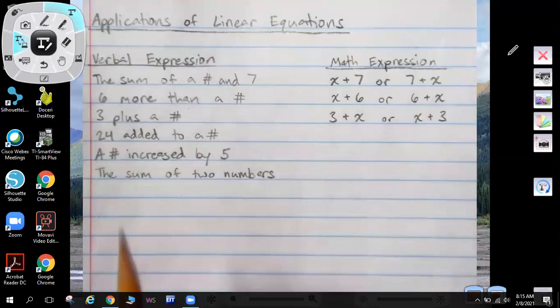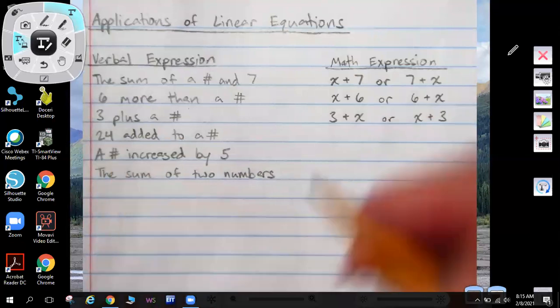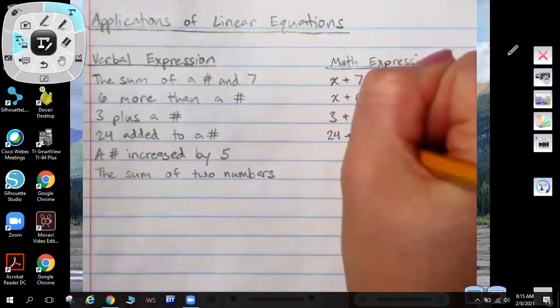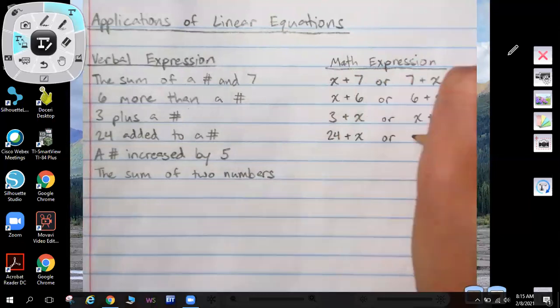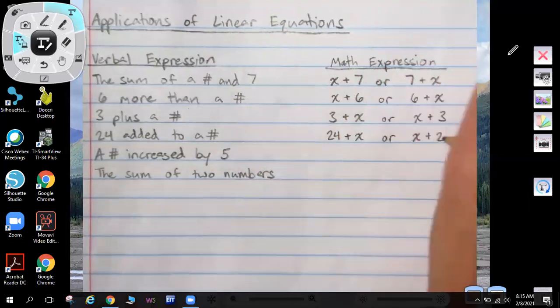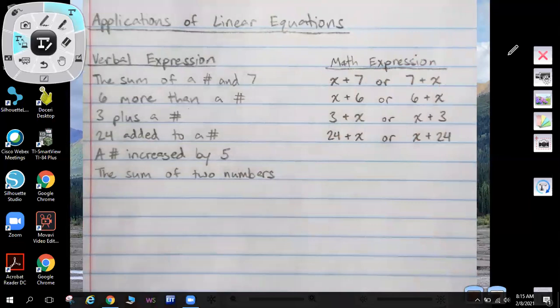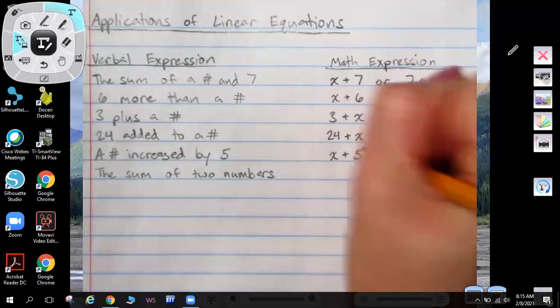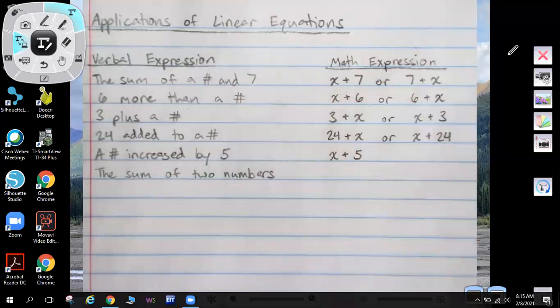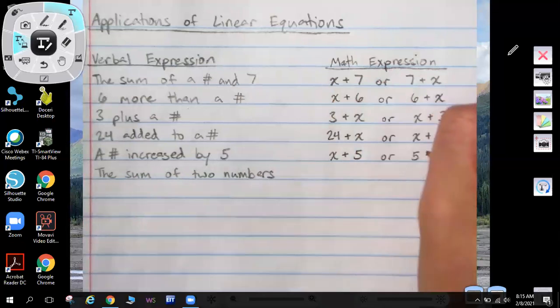Next one, 24 added to a number: 24 plus x, or x plus 24. The next one, a number increased by 5. So some number x increased by 5, so that's plus 5. Or we could write it as 5 plus x.